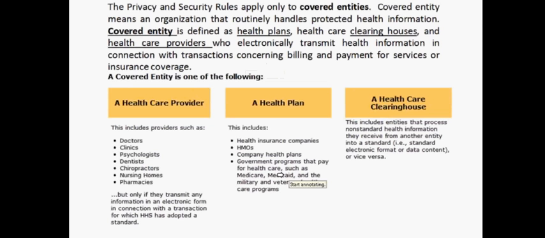Okay, the last paragraph? Yeah. Okay, but only if they transmit any information in electronic form in connection with a transaction for which HHS has adopted a standard. HHS is a department, Health and Human Services. It is a department of the U.S. government. It has a different standard? No. HHS is the name of the department of the U.S. government.